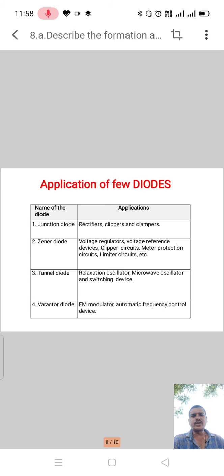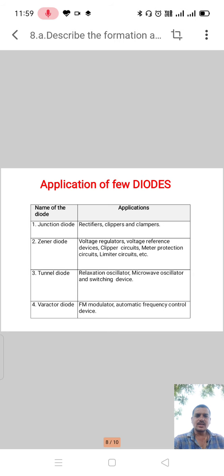And coming to tunnel diode, applications are relaxation oscillator, microwave oscillator and switching device. Next one, varactor diode.